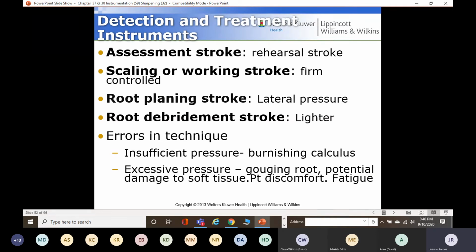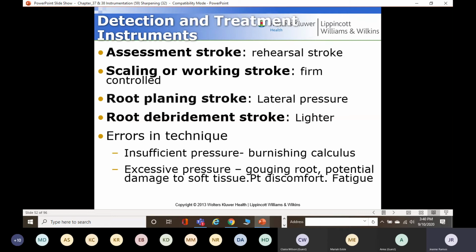So, detection of instruments: assessment stroke means a rehearsal stroke. You're going down there to just assess, an exploratory stroke with an instrument or an explorer or the probe, to just feel what's there. A scaling or working stroke, you have a firm control.